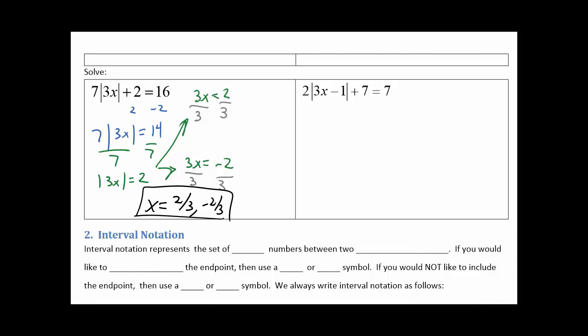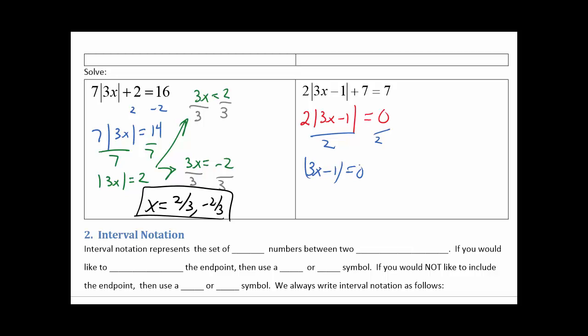Okay, so over here we get 2 absolute value of 3x minus 1. If I subtract off the 7, I get 0. Then I want to divide by 2, and I get absolute value of 3x minus 1 equals 0.